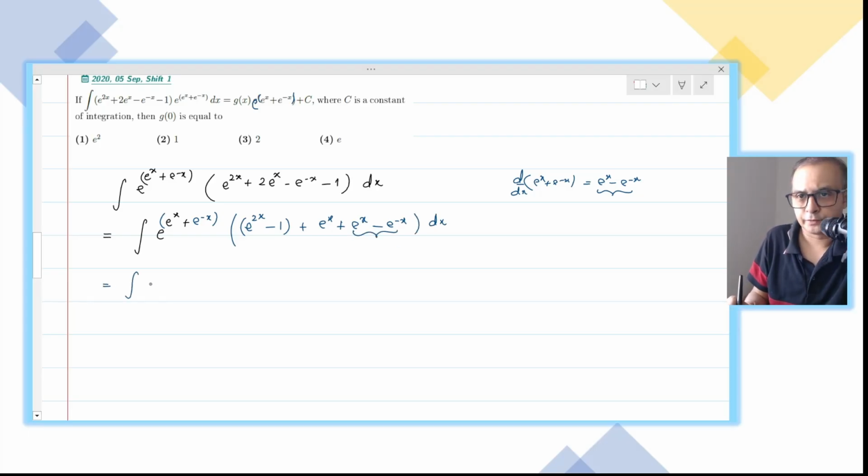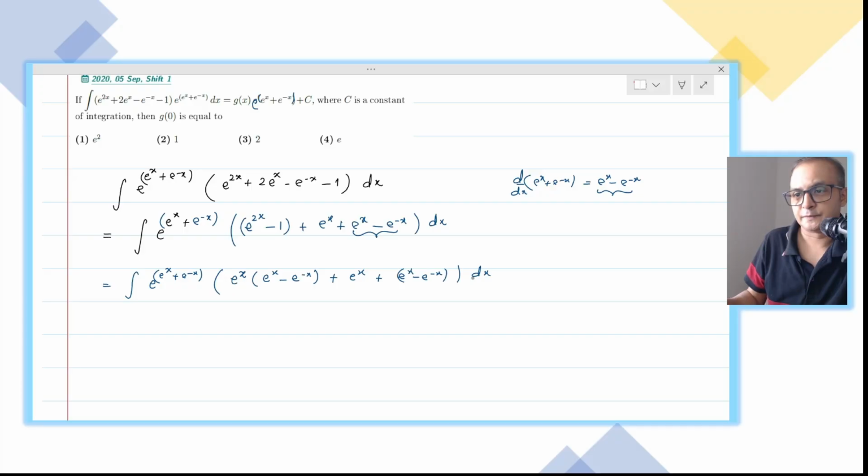And now what I'm doing is I have to show up e to the power x minus e to the power minus x with this. I'm taking e to the power x common from this bracket. So this will give you e to the power x out and e to the power x minus e to the power minus x and plus e to the power x plus e to the power x minus e to the power minus x.